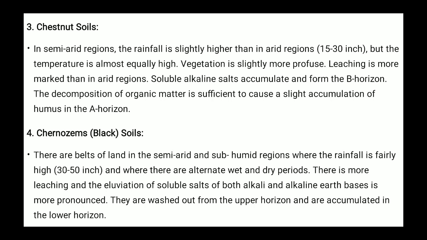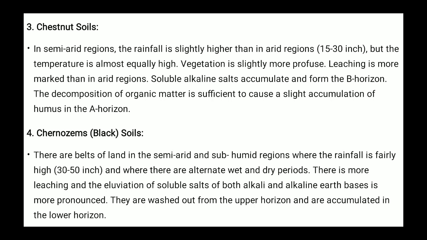There is more leaching and the elevation of soluble salts of both alkali and alkaline earth bases is more pronounced. They are washed out from the upper horizon and accumulate in the lower horizons.